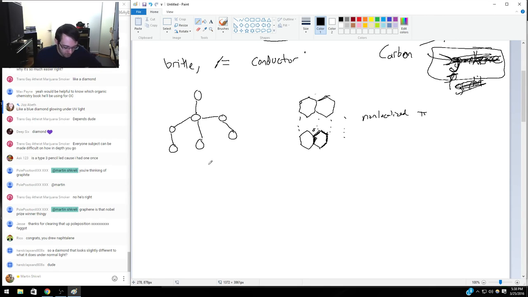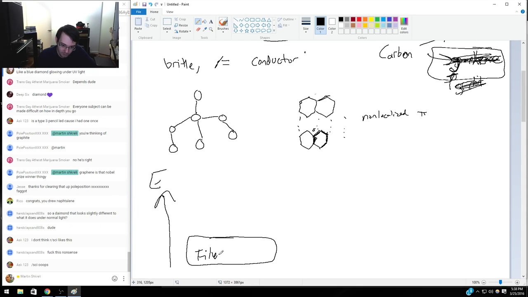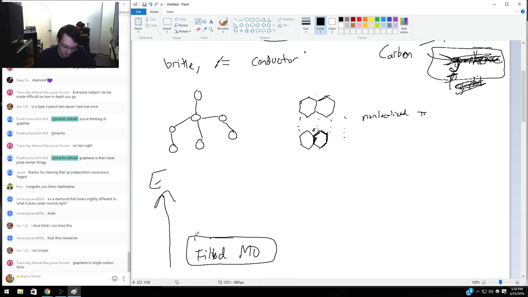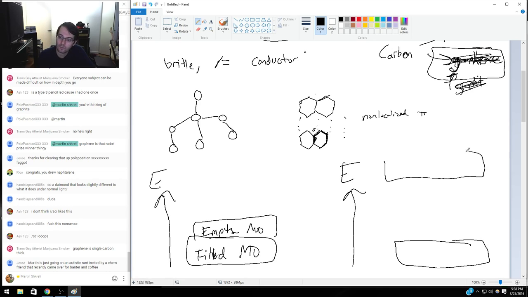All right. So one of the things that's interesting as to why they don't conduct electricity is we learned for the metals that you have this kind of close filled molecular orbital, and empty molecular orbital. This is what happens in that band model. And what happens in these network solids is that they're quite separate.